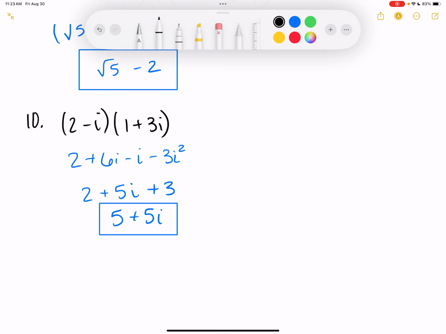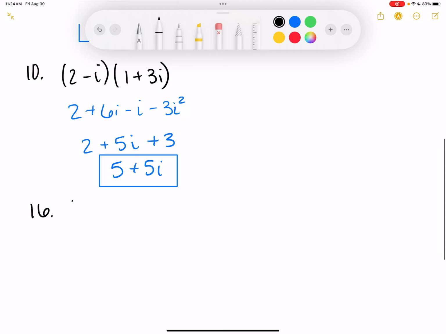All right, this next one's kind of a weird one. In the parentheses, I've got the square root of negative 2, then plus 2i, then in the next parentheses, 6 plus 5i. So I'm going to FOIL. Although actually, what should I do first before I FOIL?